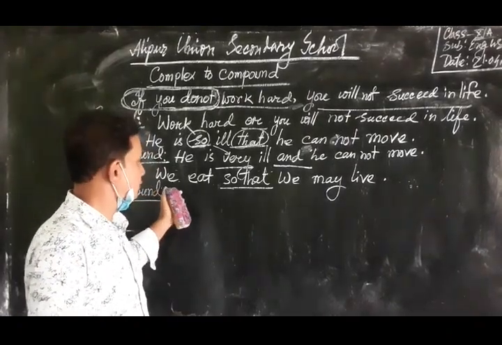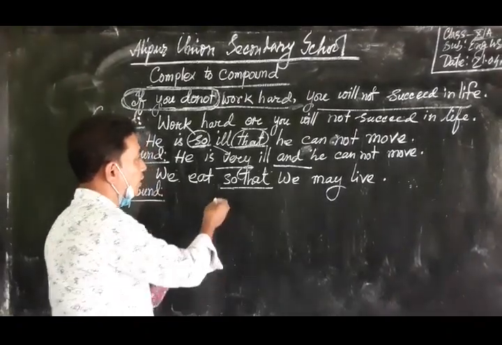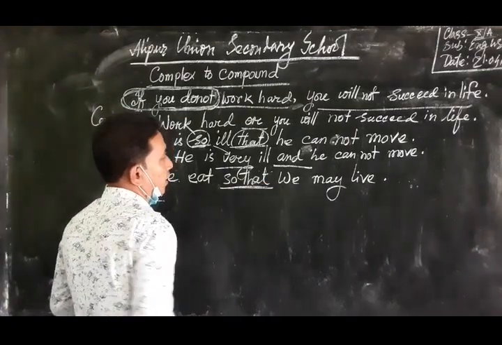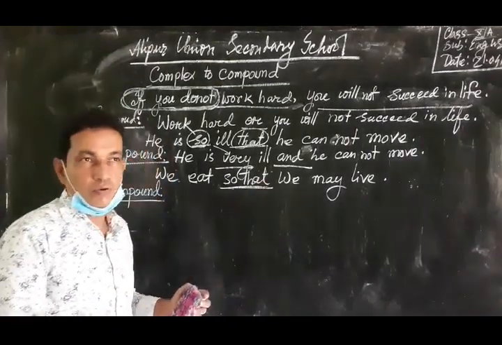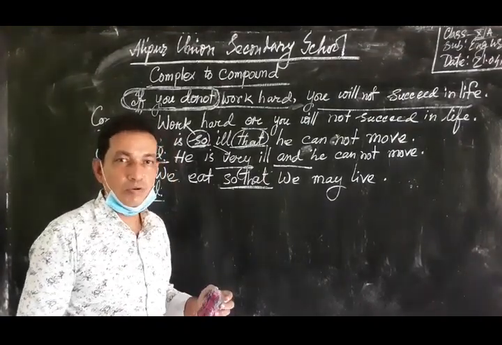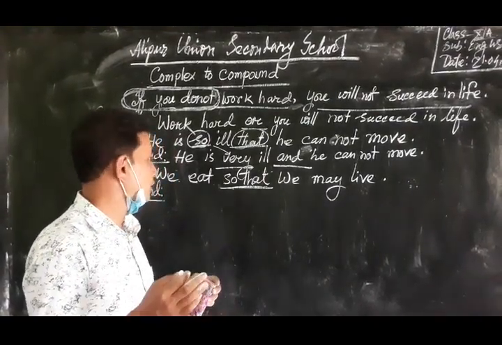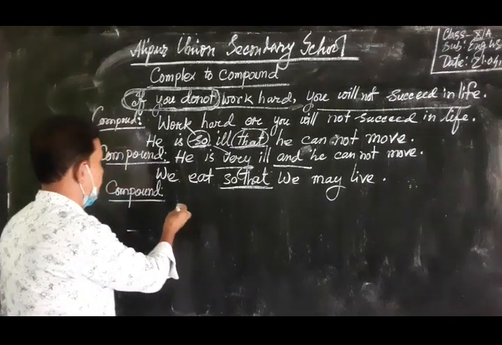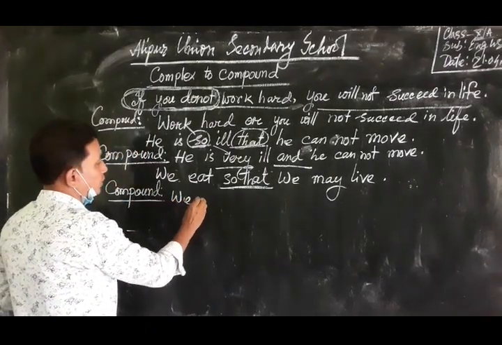And in this sentence we have used so that, and in this case when we go to change complex sentence into compound one, we must write down the subject before so that. So we may write here, we.